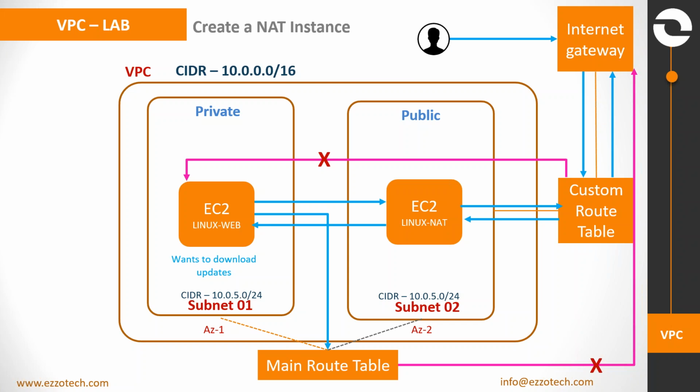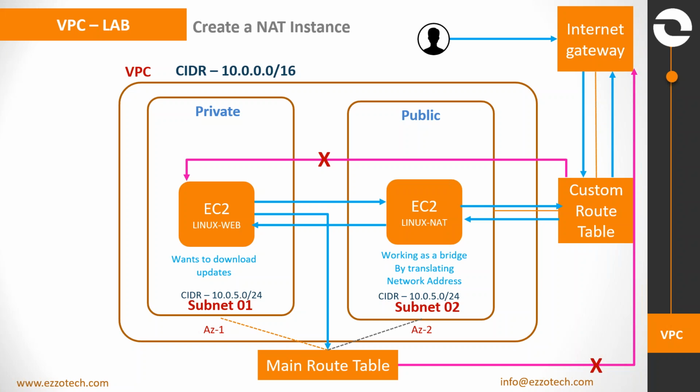My EC2 instance in the private subnet is able to download the packages. How? Through the EC2 instance in the public subnet. So when such things happen, we call the EC2 instance in the public subnet a NAT instance. Why do we call it NAT? Because it is working as a bridge by translating the network address.